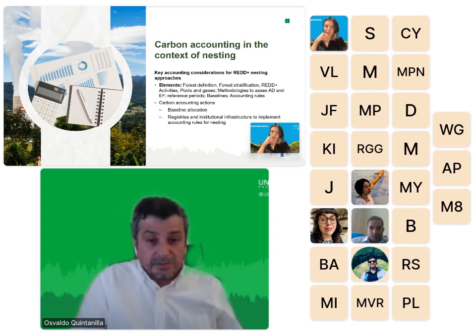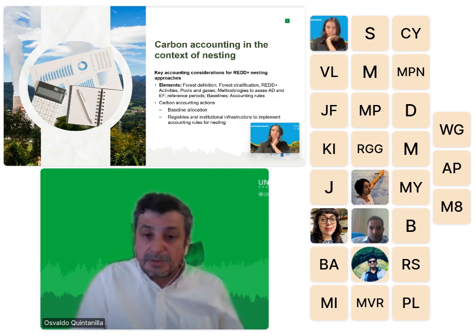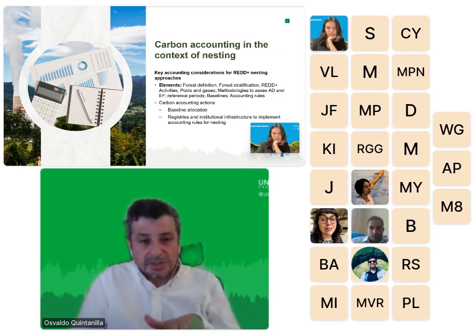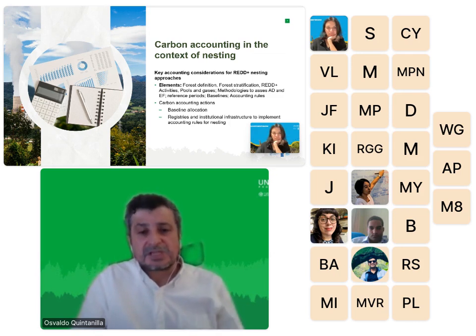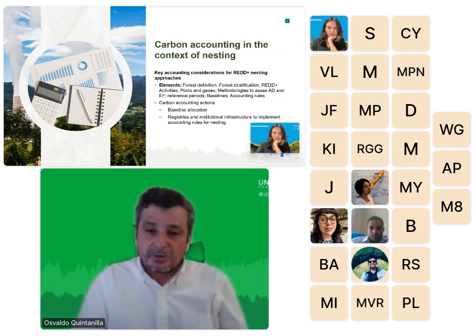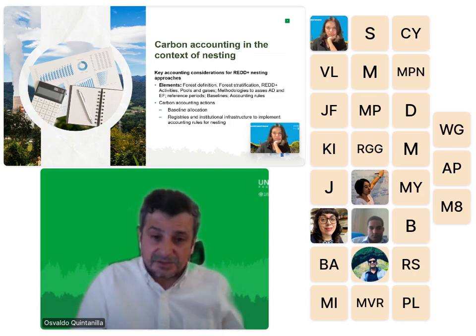A good example of that is Peru. Peru's RENAMI registry required all mitigation projects to use national deforestation maps and approved methodologies, making national reporting more consistent and efficient.